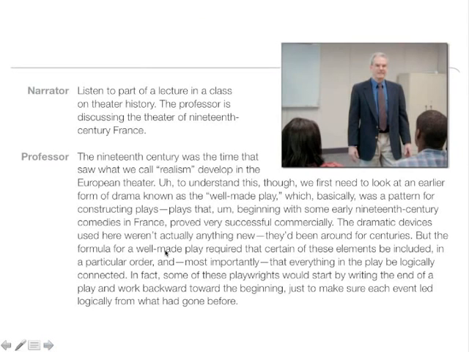So first off, again, notice how the script, as we mentioned earlier, will use a lot of spoken ideas to help indicate that this is a real lecture. Notice they will include a lot of uhs and ums, or places to pause or to change the pitch to indicate, for example, notice here, known as, plays that.